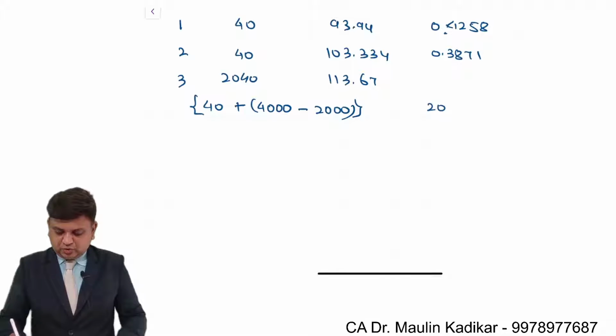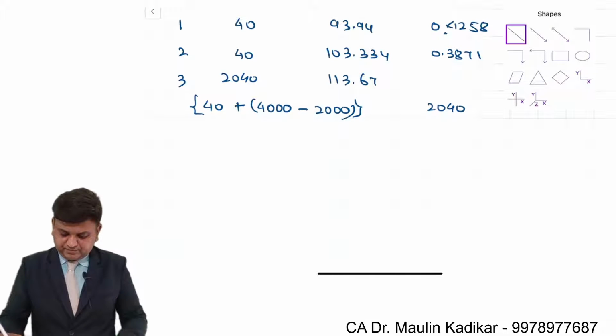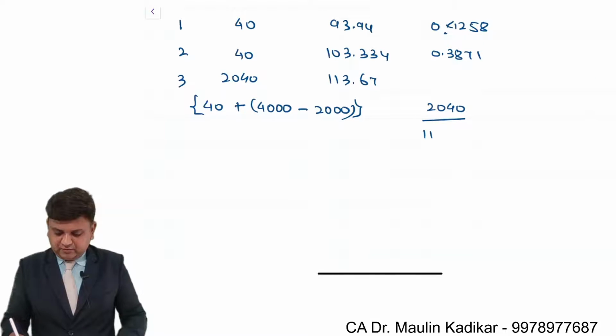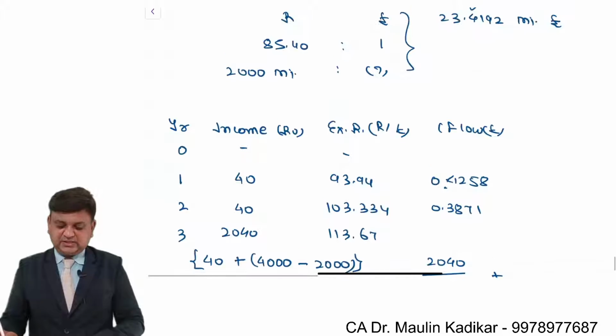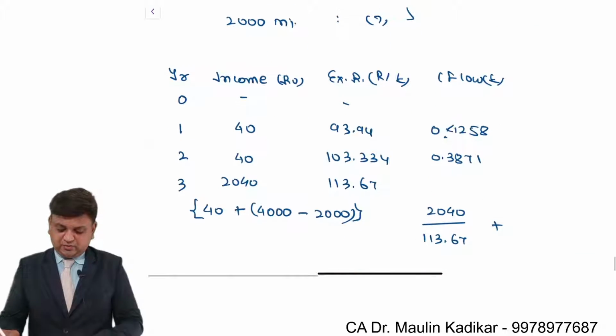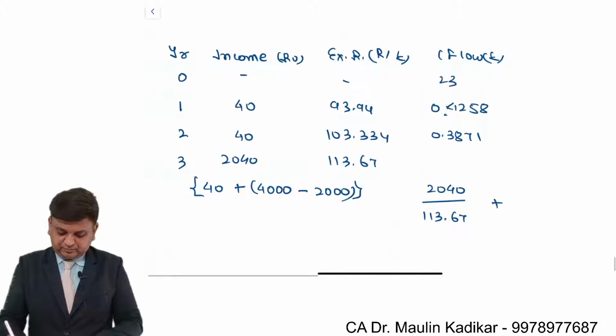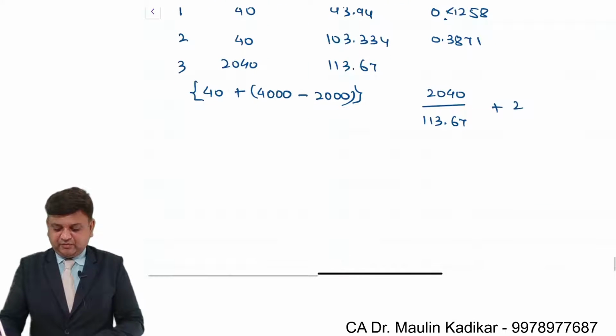Then 2040 upon 113.67 plus the initial investment, which is 23.4192, and in the last year that amount we will receive back.